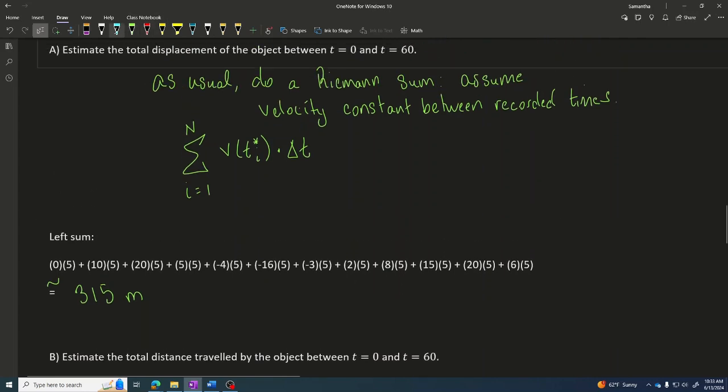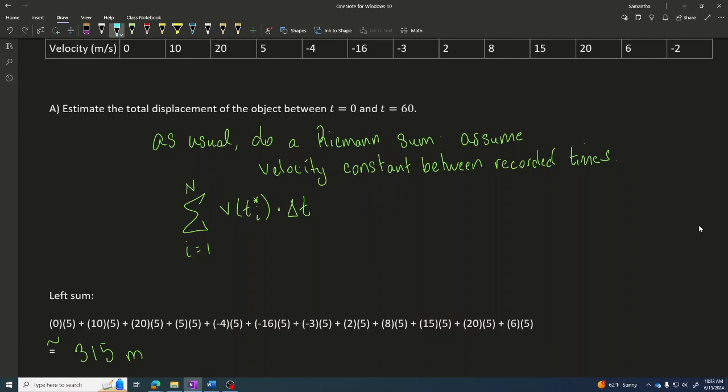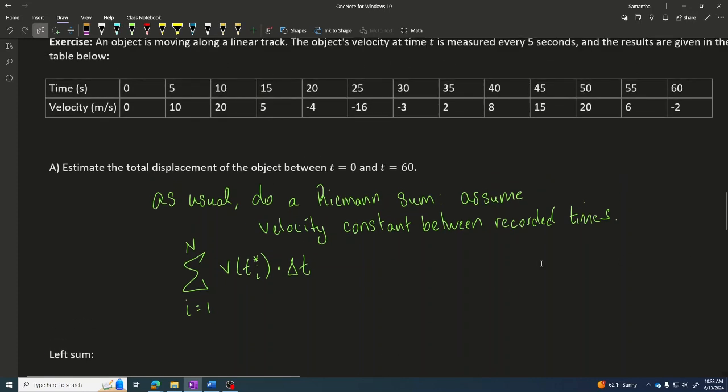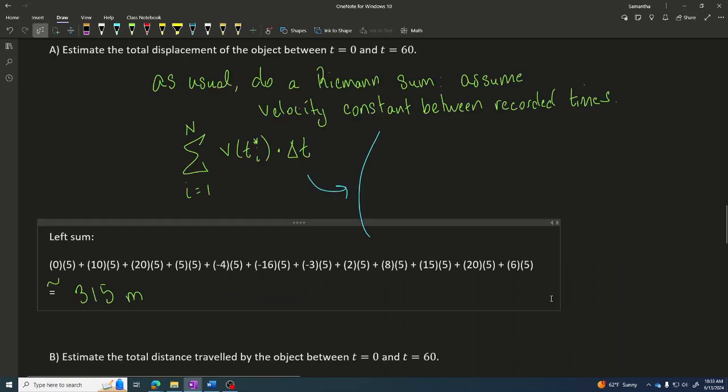Okay, now let us make a note. We have written down what this would look like as a Riemann sum, in a situation like this where we have relatively few data points that are pretty far apart. While we are here, let's do the usual thing of making a note on the side of what this sum would become if we had enough data to treat it like an integral.